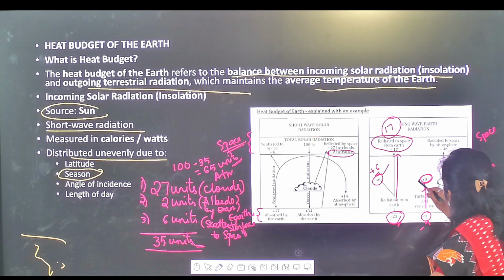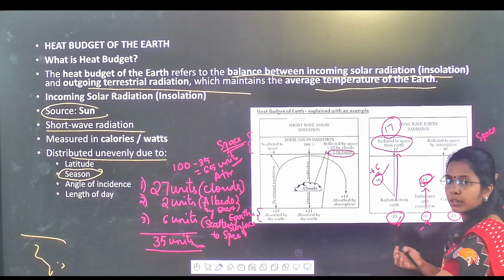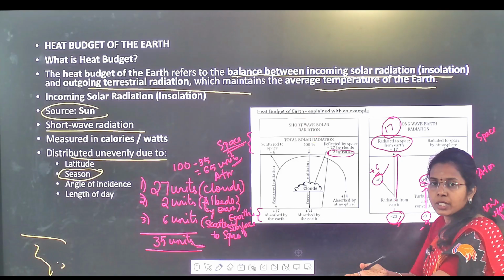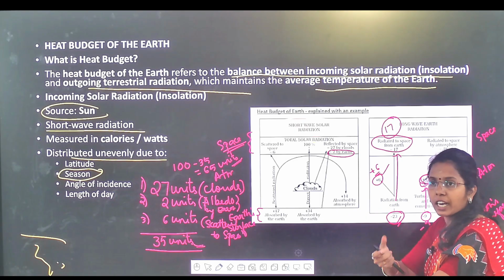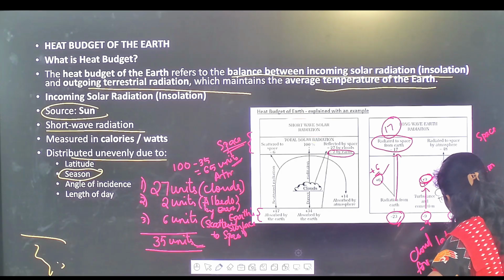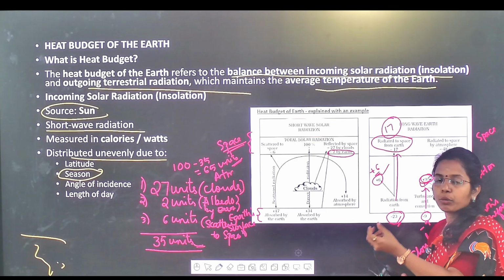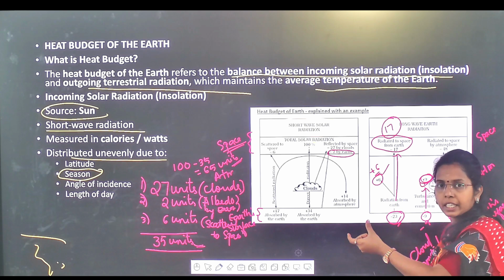Now these 6 units, and because of the condensation, earth's 19 units are radiated long wave because of the condensation, latent heat release during cloud formation. These 19 units, this you have to remember: 6, 9, 19 in atmosphere.